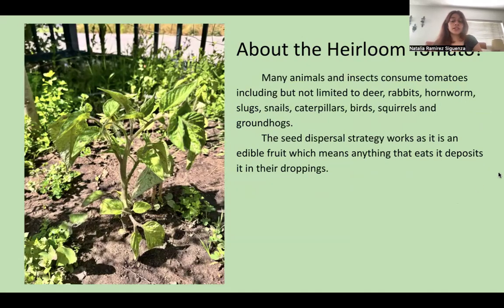Many animals and insects consume tomatoes, including but not limited to deer, rabbits, hornworms, slugs, snails, caterpillars, birds, squirrels, and groundhogs. And although these tomatoes are prone to getting eaten by animals, there wasn't a significant noticeability. I did notice at some point that one of the tomatoes in the pot had been eaten.